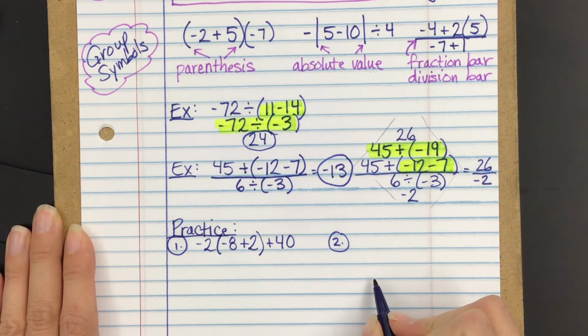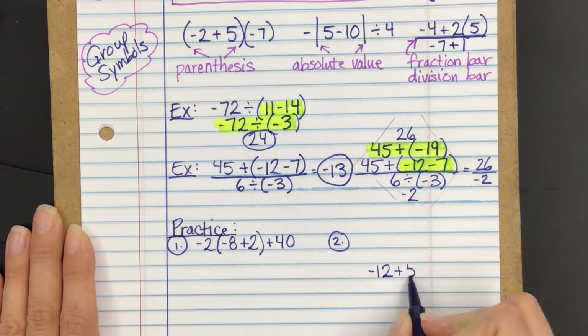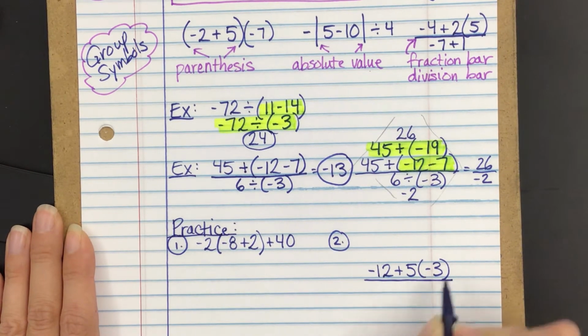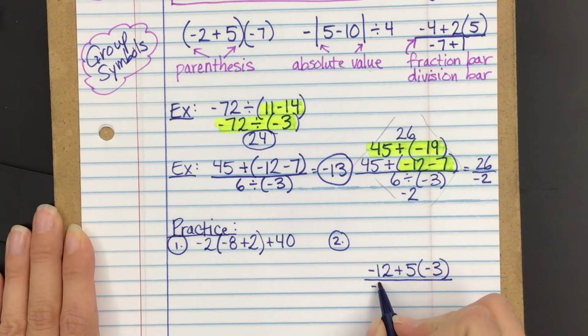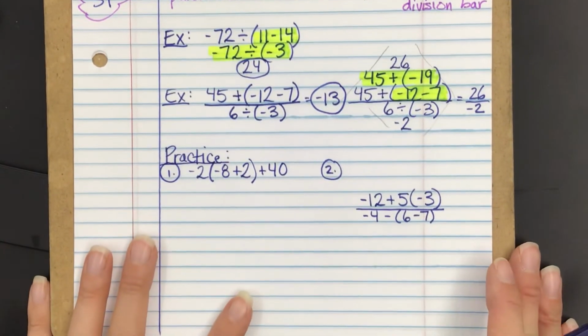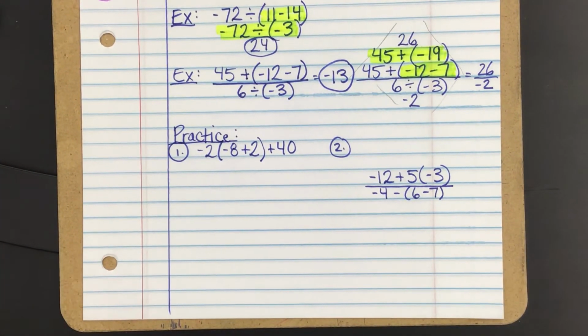This one I'm going to write a little bit lower so we have room to work on the top and the bottom. Okay, go ahead and try those. I'll walk around and let me know if you need some help, okay? And once you're done too, I recommend that you check solutions with your neighbor and just make sure that you guys both have the same answer.